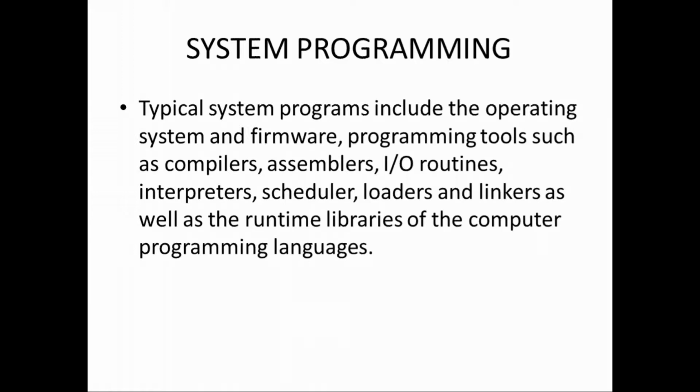These are another level of programming that works with what we call the machine language, and this allows the machine, which is the hardware, to be able to communicate with each other and to understand the programs on which the application software and the system software are going to run.